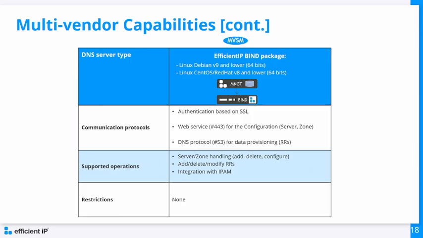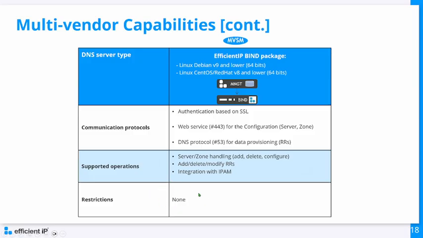If you install the EfficientIP BIND engine into your own Linux server like Debian, CentOS, Red Hat, then you will be able to use it as a DNS server, and you can manage it from the centralized management server, without any restriction.